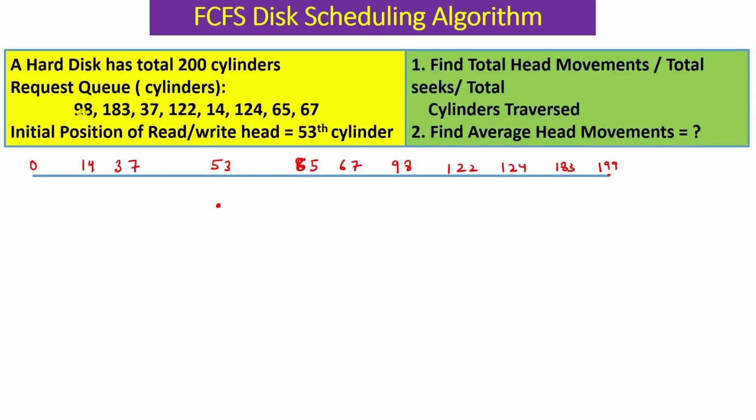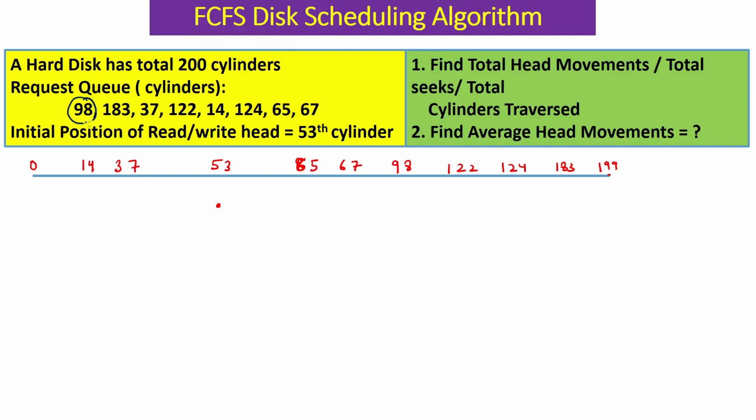What is the first request that arrived in this request queue? This one, the request for the 98th cylinder. So I will first pick this one and service it. After that I'll pick 183, after that 37, then 122, and so on. In the same order in which they are stored inside this request queue, I'll be picking them. This is the first come first serve disk scheduling algorithm.